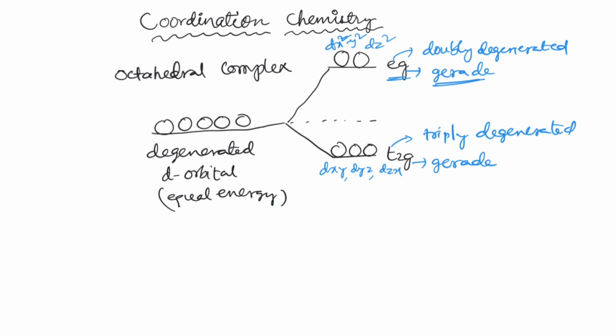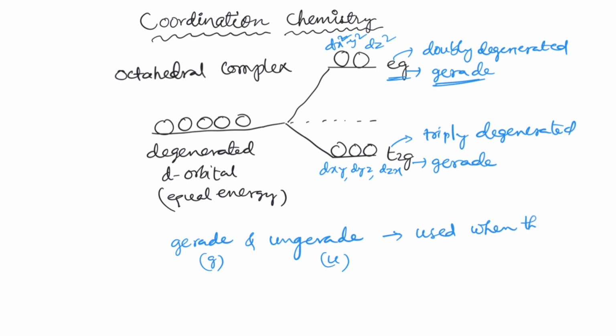Now keep in mind gerade and ungerade. These two: G means gerade, and ungerade means U. These are used when there is a center of symmetry present in the complex, as in an octahedral complex.